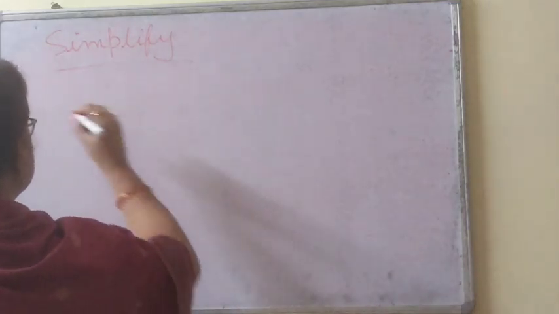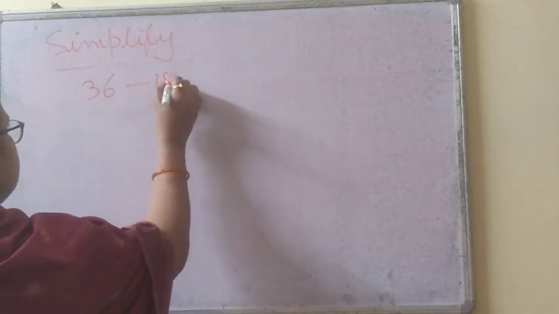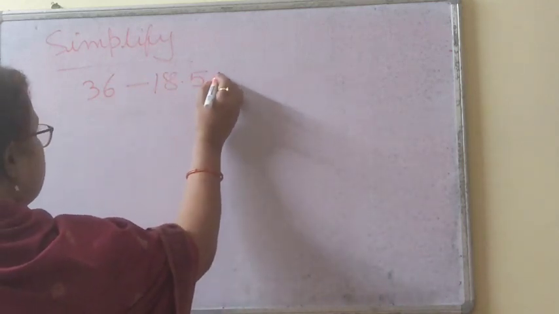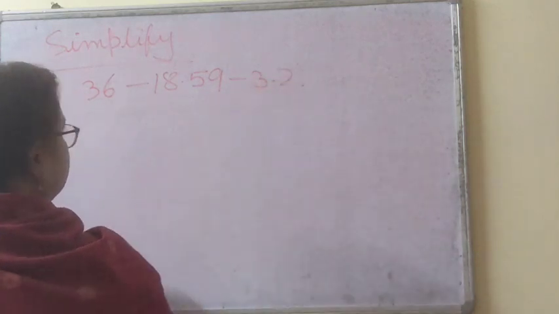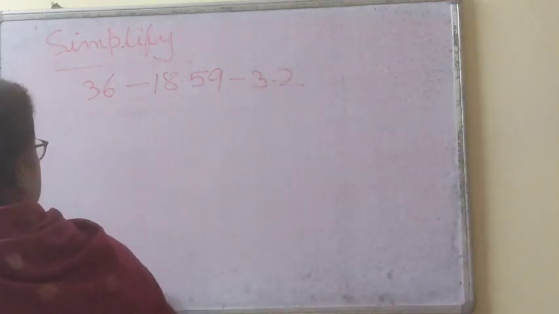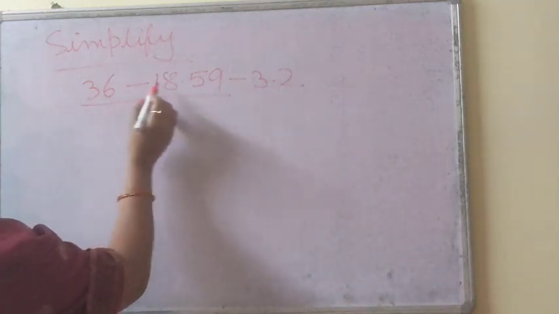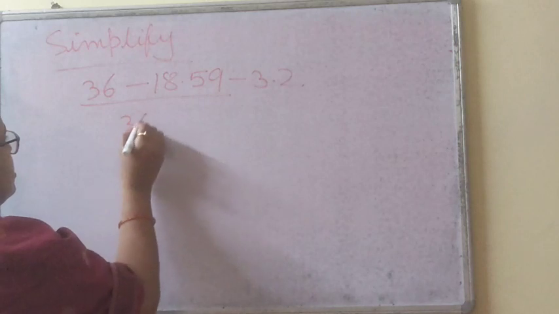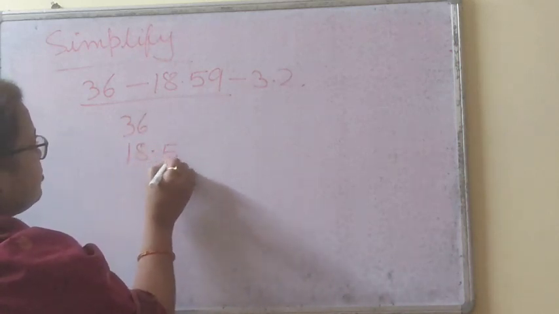Now next is 36 minus 18.59 minus 3.2. Okay, so again how will we solve this one? So first we will solve this part. This is plus, this one is minus. So 36, then here 18.59.